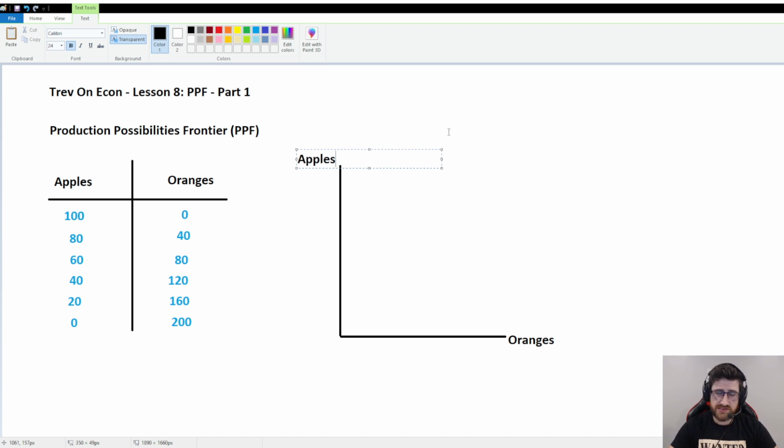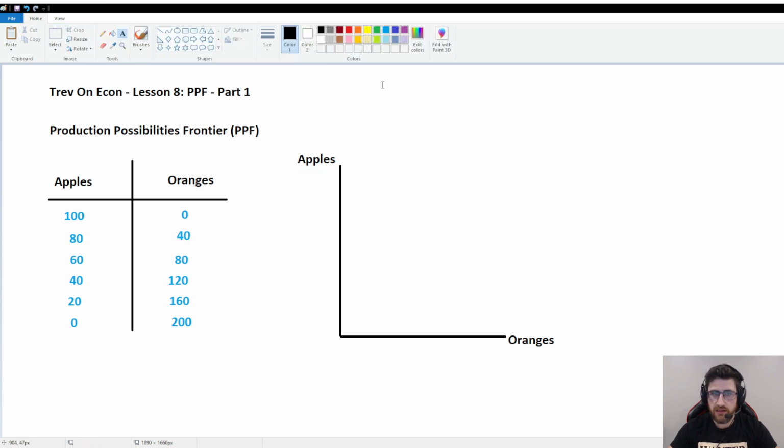Now, for our purposes, it doesn't matter which one goes where. You could have put oranges on the other one and apples on the bottom one. It doesn't matter. Most of the time it will matter, though. We'll make note of that when that comes up. But for this chapter or this section, it's not a big deal.